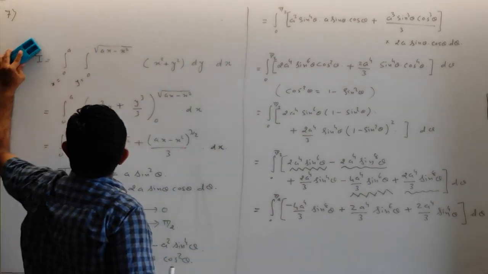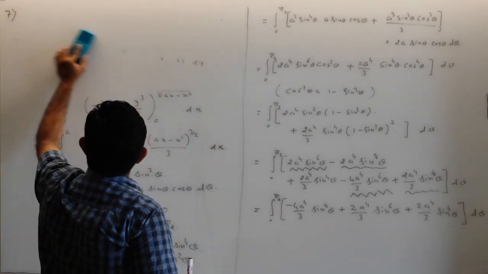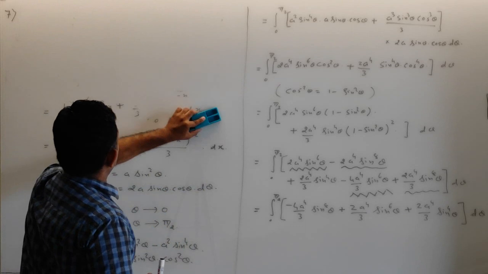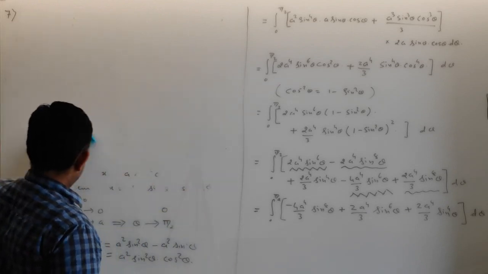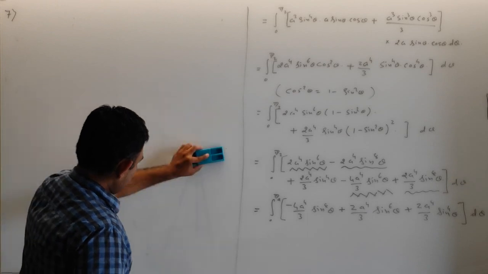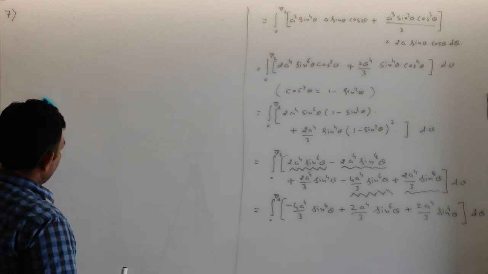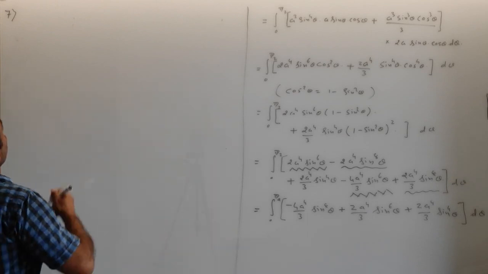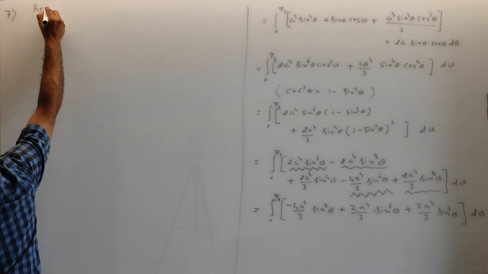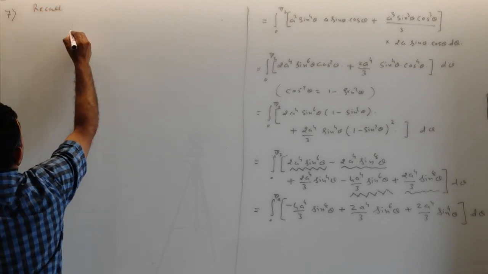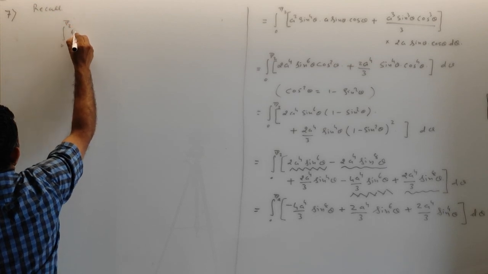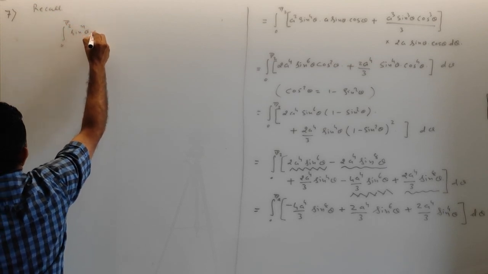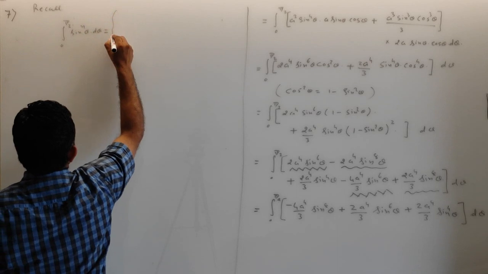Okay, so now we have one reduction formula, so let me recall that formula first. You recall this formula. See, if you have integration from 0 to pi by 2 sine raised to n theta d theta, then I have these two formulas.